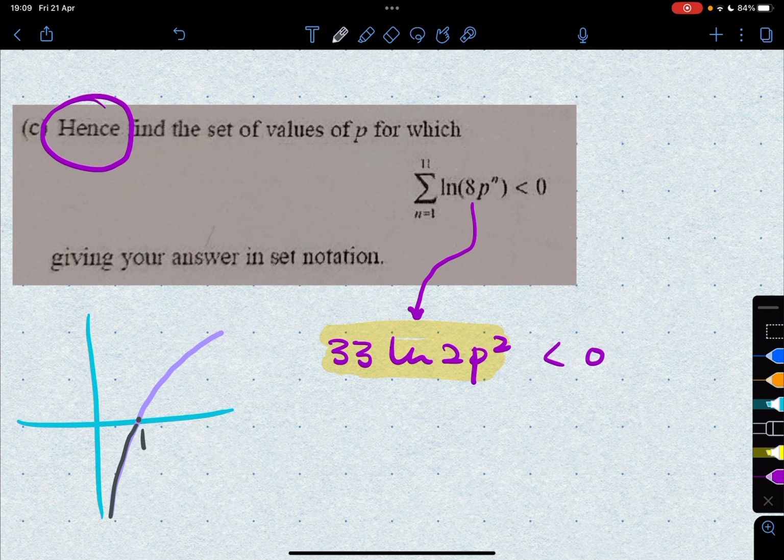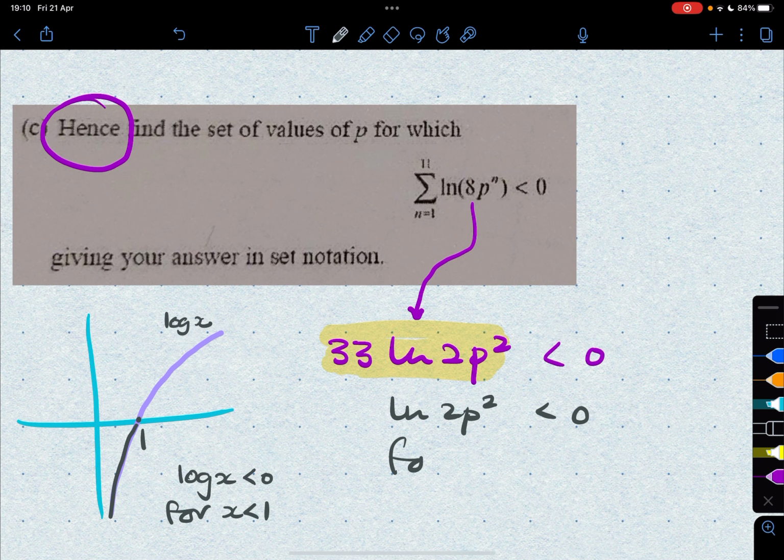So if this is log x, we can say log x is less than 0 for x less than 1. So here it's the same thing. We can say ln 2p squared is less than 0 for 2p squared less than 1.